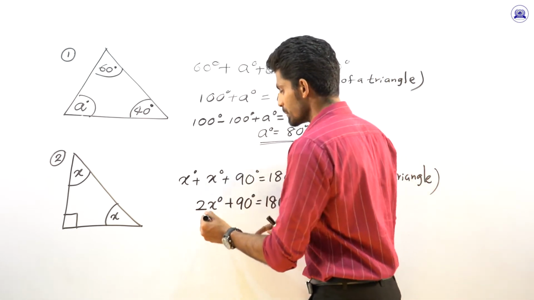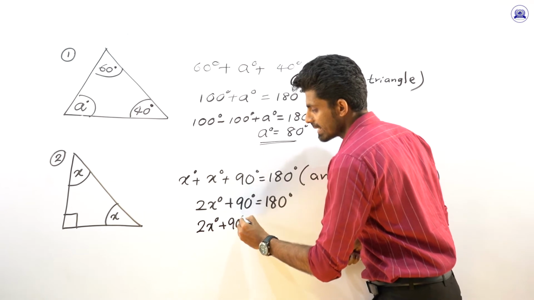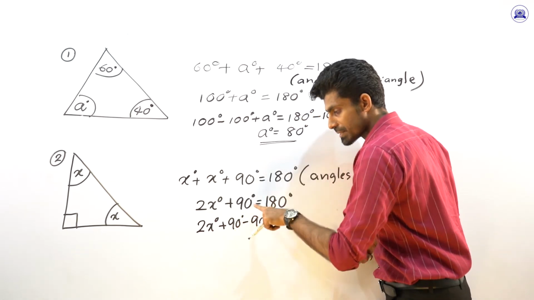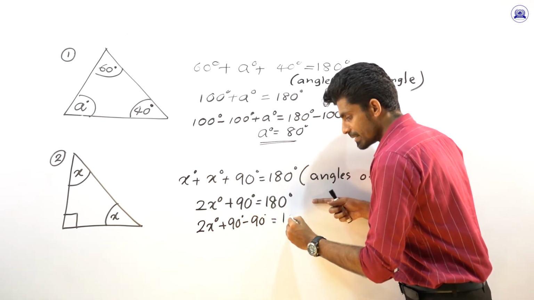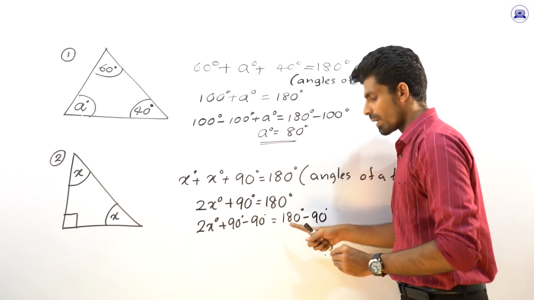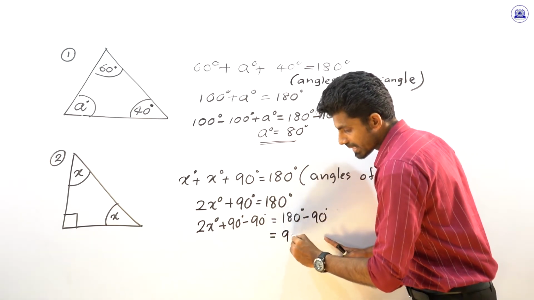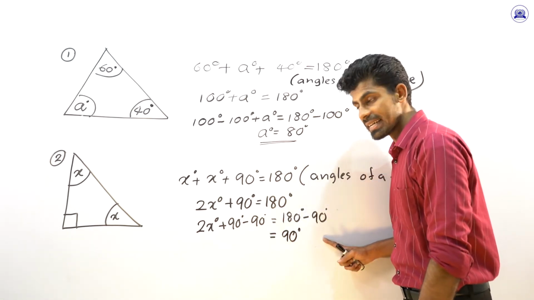So what do you need to do? Subtract 90, because I need to remove that 90, and subtract from the right side also. 180 minus 90. What is the answer, my dear student? 90.